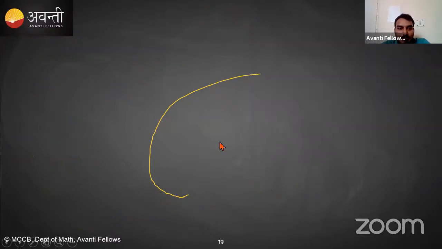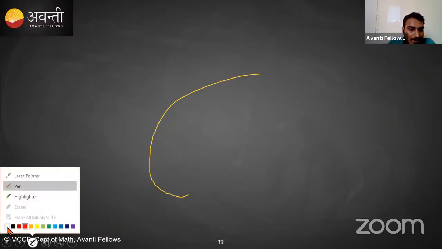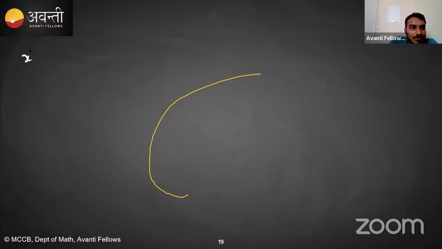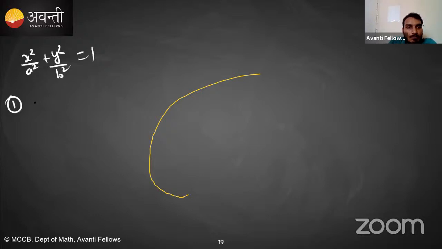Is this clear? So let me recall this quickly. Let's say you have an ellipse x square upon a square plus y square upon b square is equal to 1. We are assuming that a is greater than b, right?